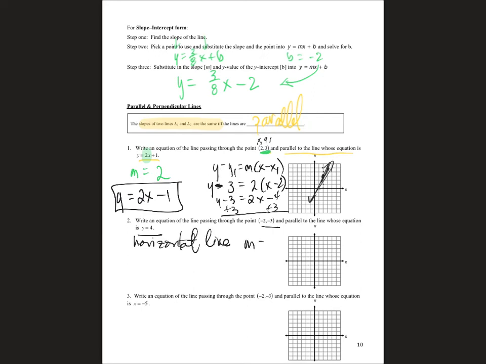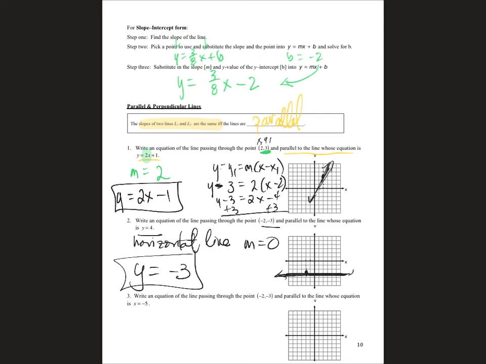The slope is 0. And what do we know about the equation of every horizontal line? It's y equals something. So if I'm trying to pass through this point and I'm a horizontal line, the line looks like this. What is the equation? y equals -3.